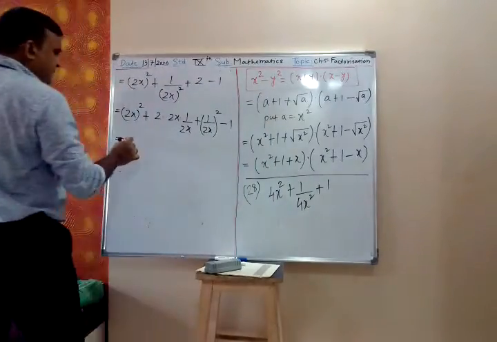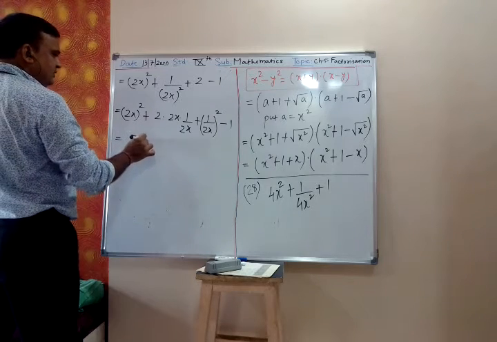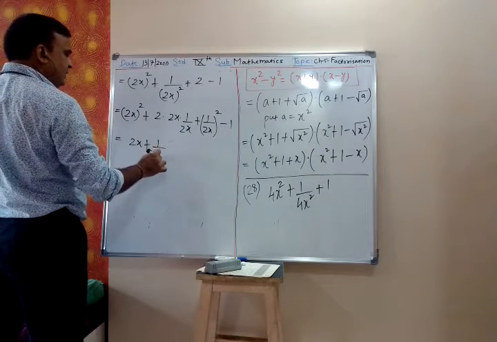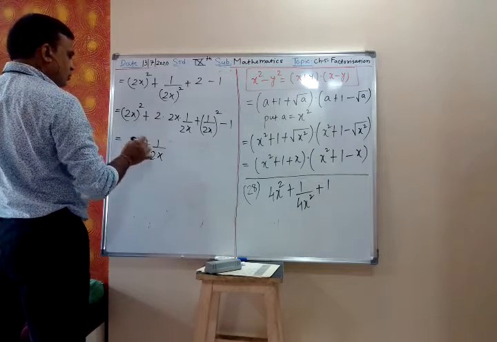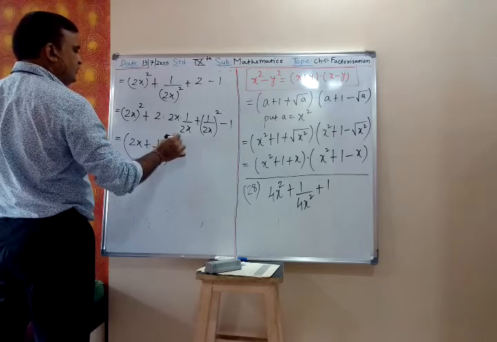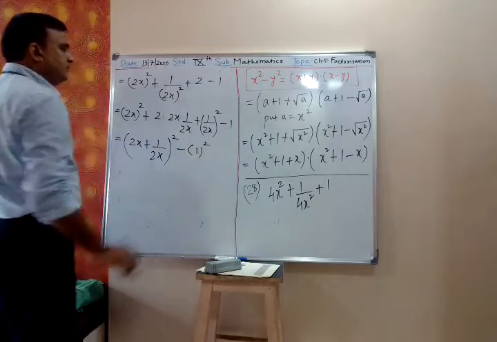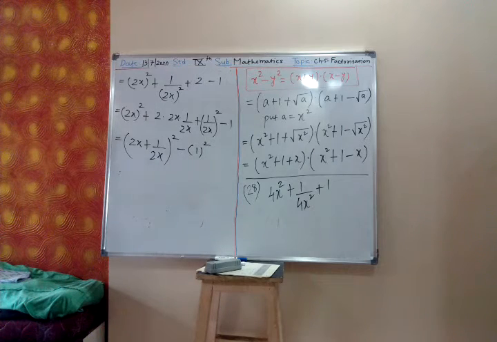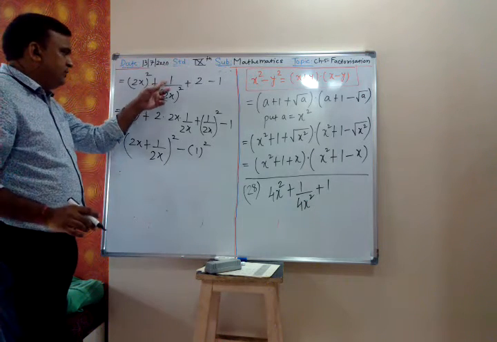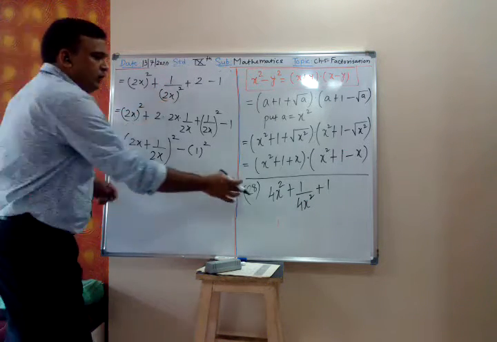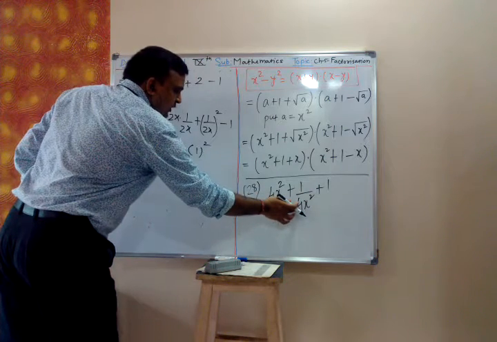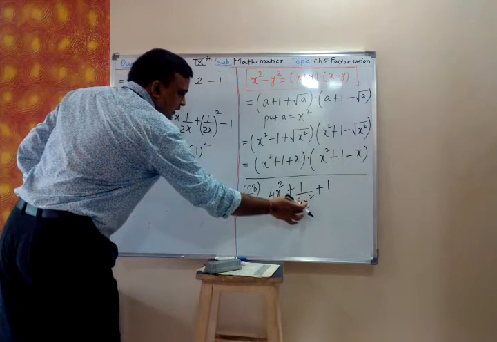So this I can write 2x plus 1 upon 2x whole square, minus 1 I can write 1 square. Because 1 upon 2x square is 1 upon 4x square. What is 4? 4 is square of 2 and x square is square of x.